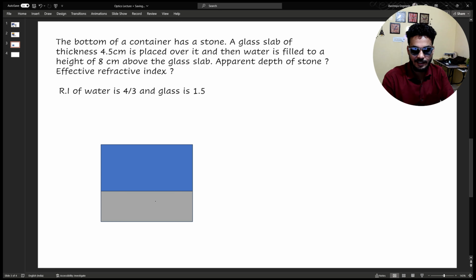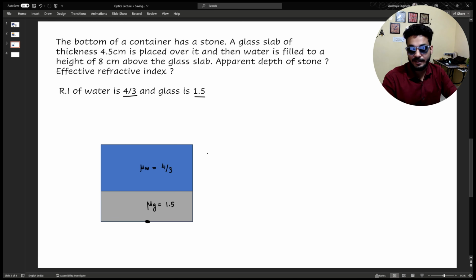So this is the glass, and its refractive index is given as 1.5, and this is the water on top of it, which is 4 by 3. Yes, it's given as 4 by 3 and 1.5. There's a stone at the bottom of this.